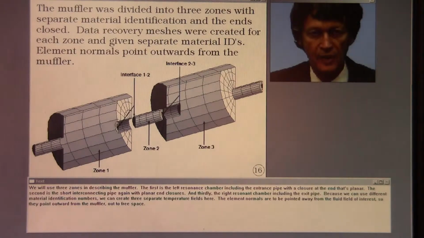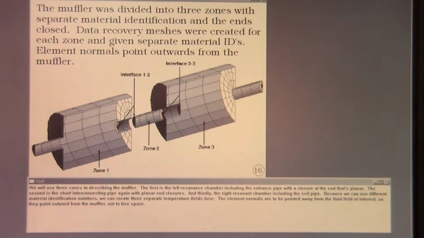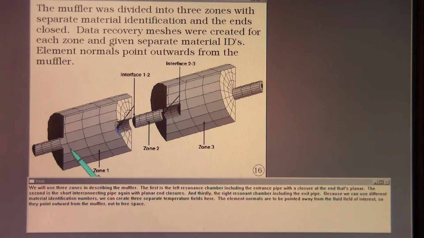We will use three zones in describing the muffler. The first is the left resonance chamber, including the entrance pipe with a closure at the end that's planar. The second is the short interconnecting pipe, again with planar end closures. And thirdly, the right resonant chamber, including the exit pipe.